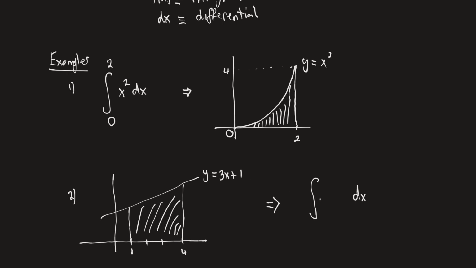In this case, it's a linear function, so I'll put my 3x plus 1 there, and then lower limit of 1, upper limit of 4, right? And for certain types of areas, like this one, because the function is linear, we can use geometry to figure this out. Whereas we couldn't use geometry to figure this one out because of the curved portion right there of y equals x squared, right?